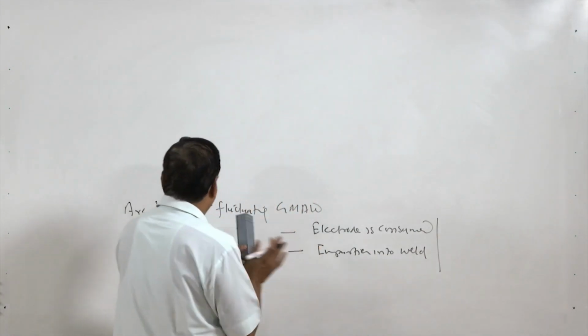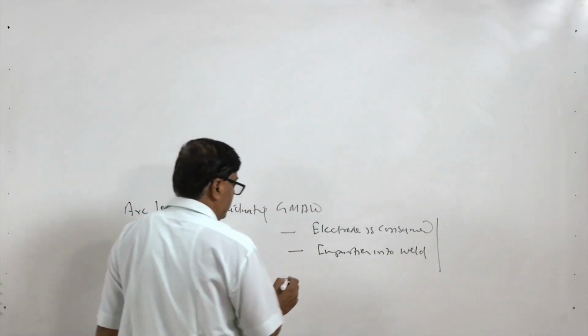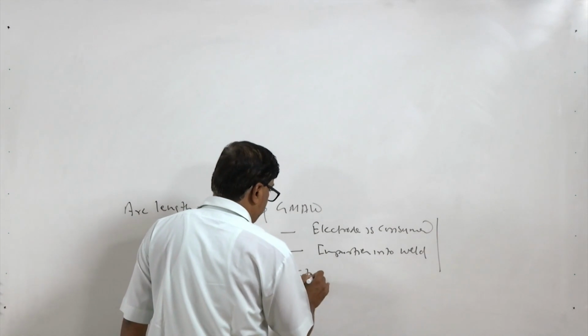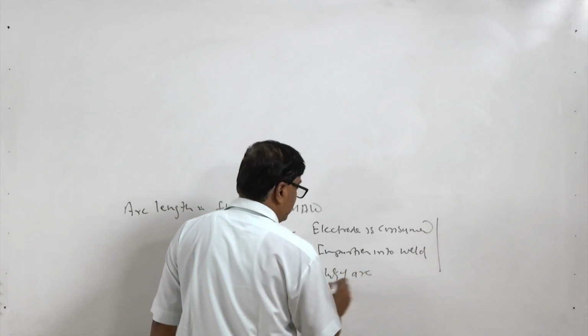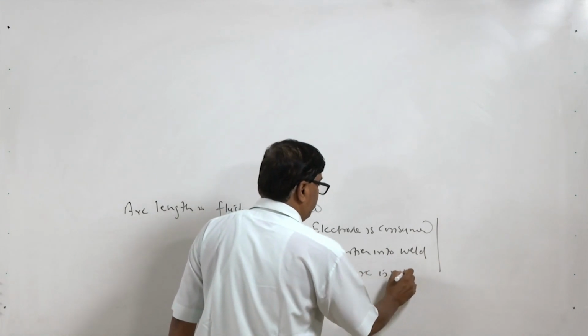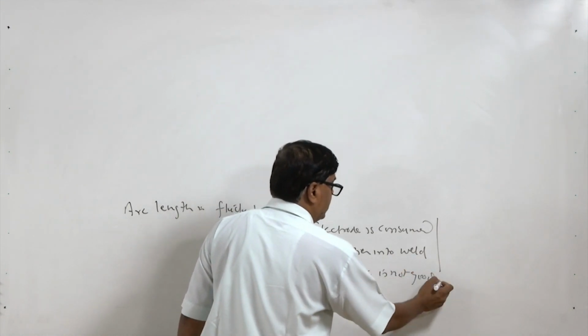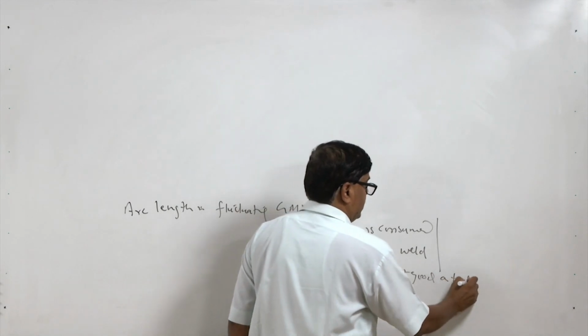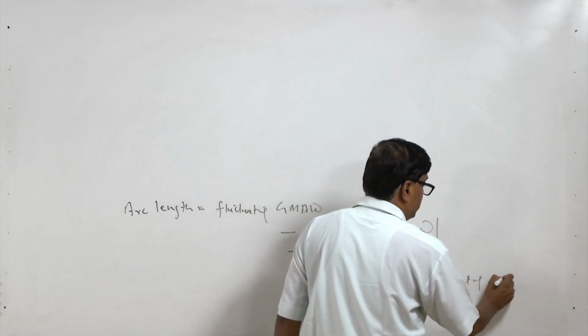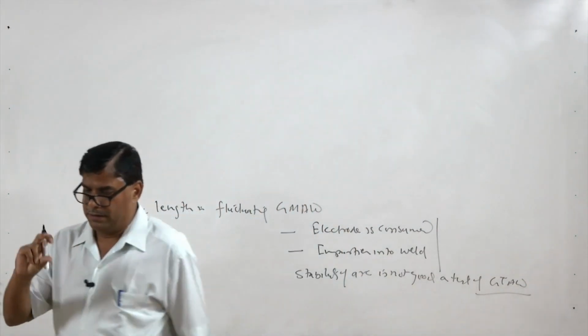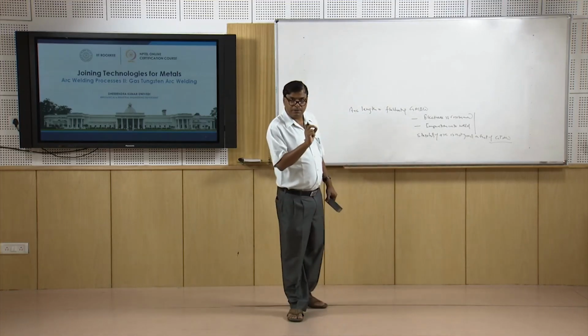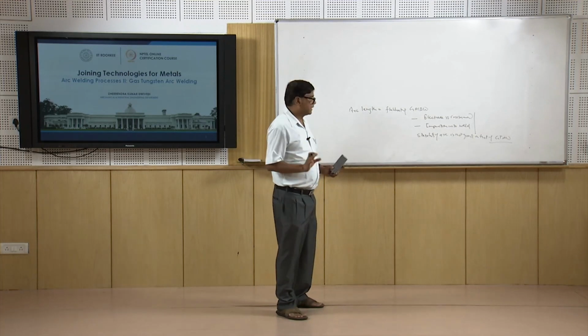and when the gap is fluctuating, the stability of the arc is not as good as that of GTAW, wherein we were using a non-consumable electrode, short arc length, and inert gases.